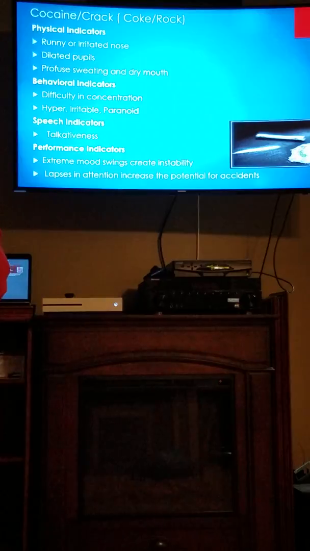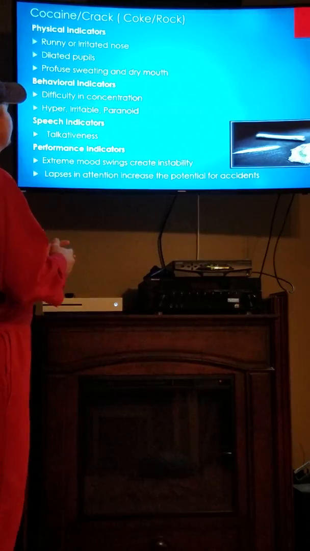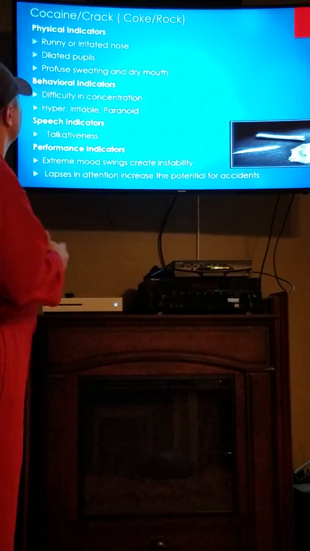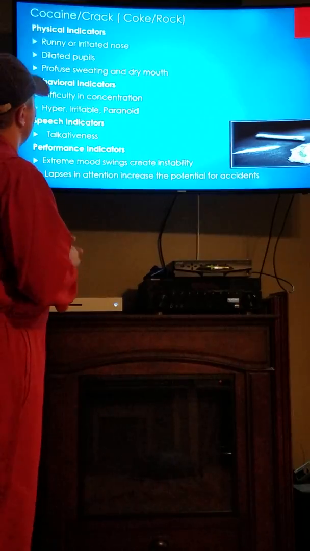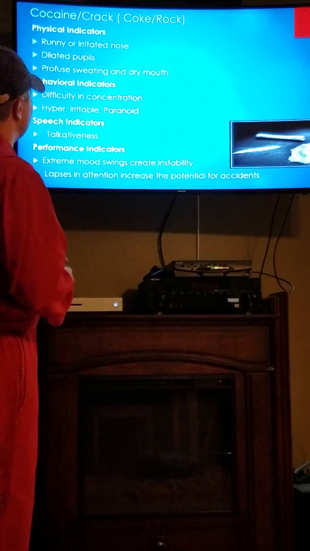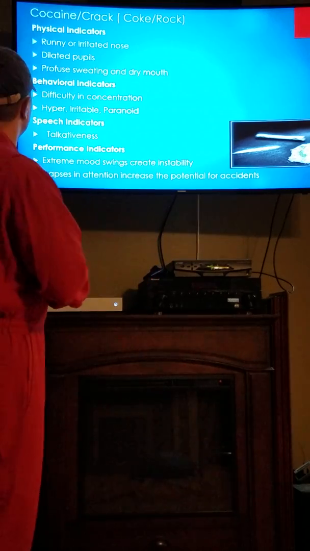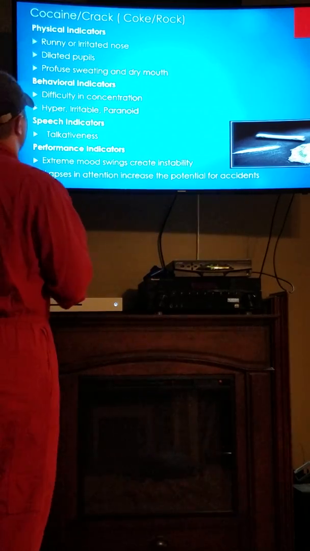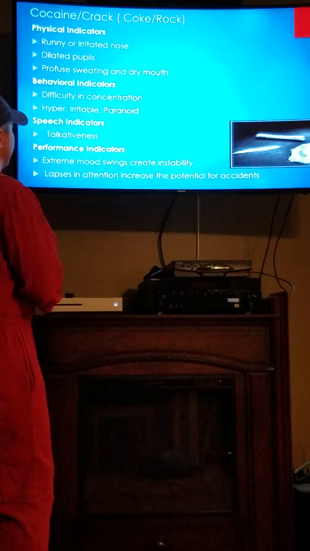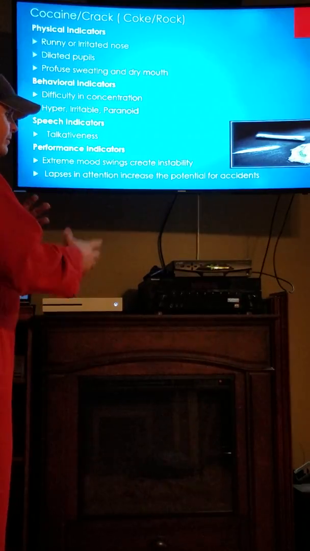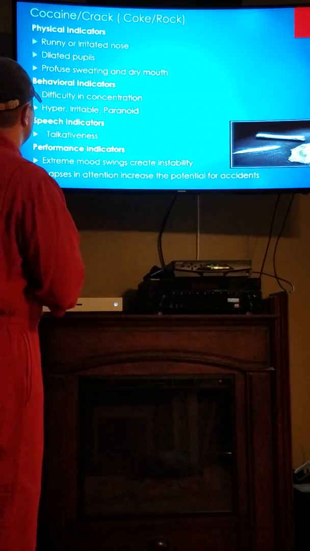Our next one is cocaine slash crack, coke, rock. Physical indicators are a runny or irritated nose, dilated pupils, profuse sweating, and dry mouth. Behavioral indicators: difficulty concentrating, it's hard for them to focus.